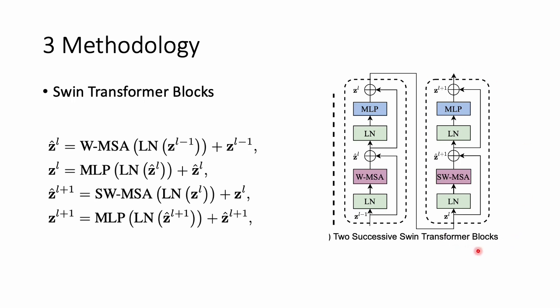The second block, which is at the red part, is a shifted window-based Swin transformer block. All remains the same except it replaces the window-based multi-head self-attention layer, WMSA, with a shifted window-based multi-head self-attention layer, SWMSA. What are the WMSA and SWMSA? That's what I'm going to introduce.